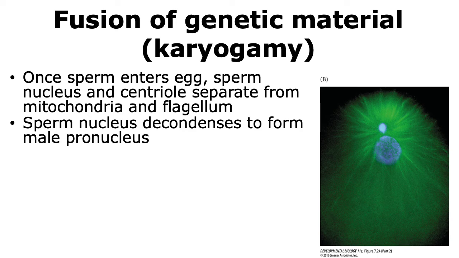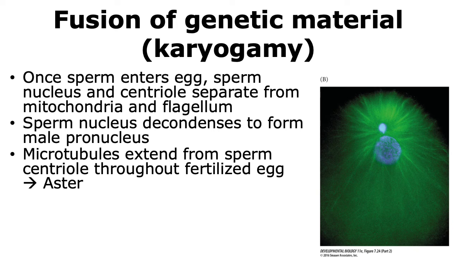The sperm nucleus tends to be very compact and condensed. Now that it has entered the egg, it decondenses to start opening up, and it forms what is called the male pronucleus. Microtubules extend from the sperm centriole throughout the egg to form an aster-like structure.